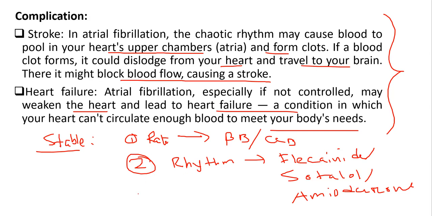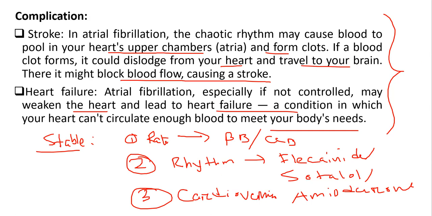And even after rate and rhythm control, if there is still an ongoing problem, then sometimes we need to go for cardioversion. So this is the management for atrial fibrillation: rate controller, rhythm controller, and cardioversion at the end if needed.